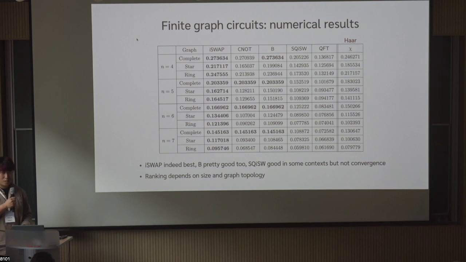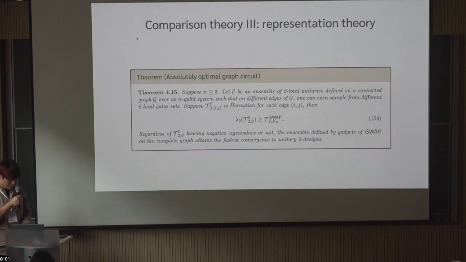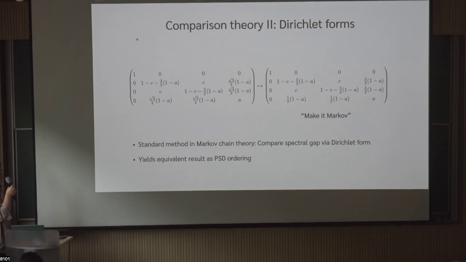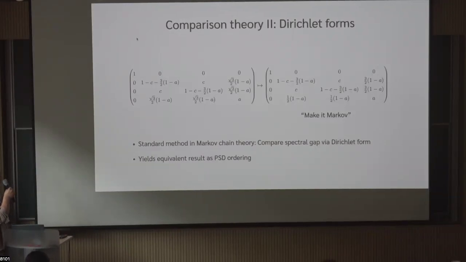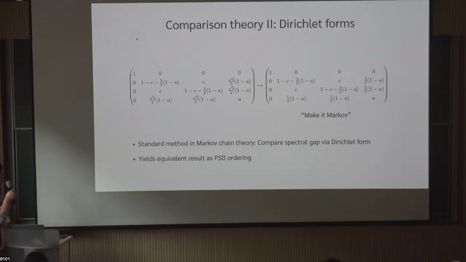Okay, so I went a bit too fast. Let me get back a little bit. This is another different approach for comparing the gaps between different random circuits. This is also a widely used method in representation theory based on the so-called Dirichlet forms. When we apply this approach, it involves some Markovianization procedure.